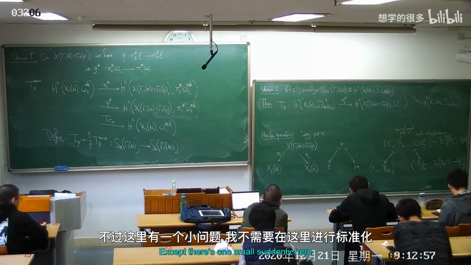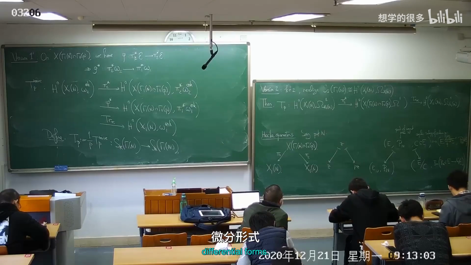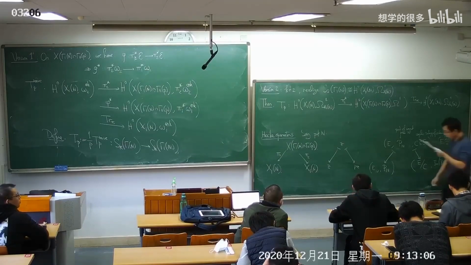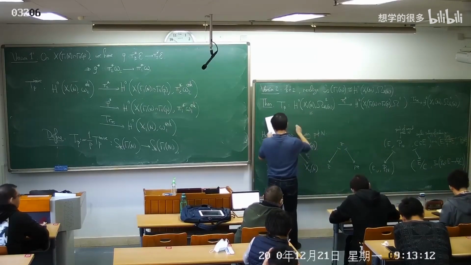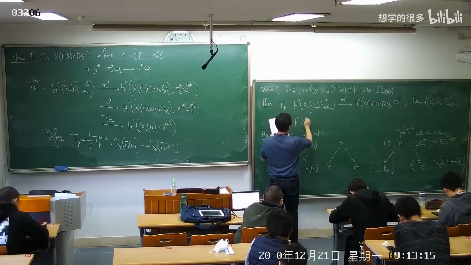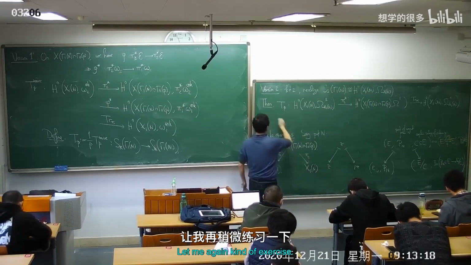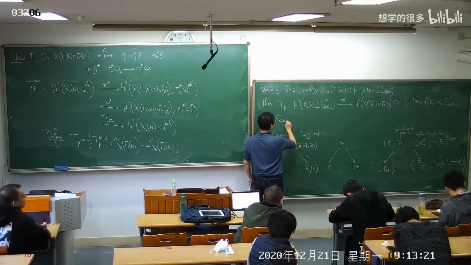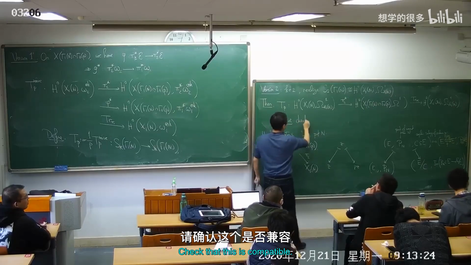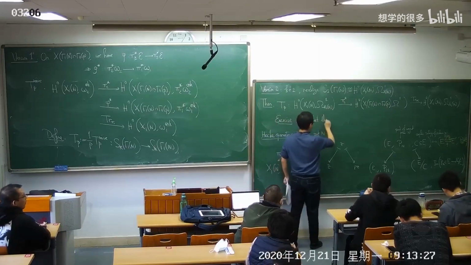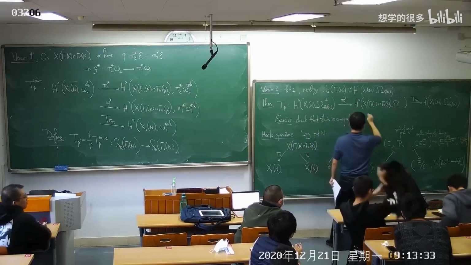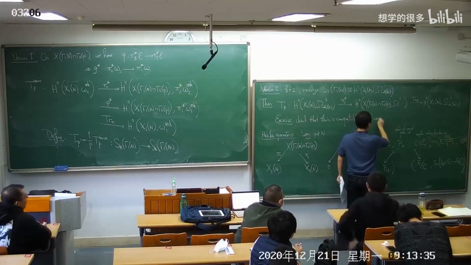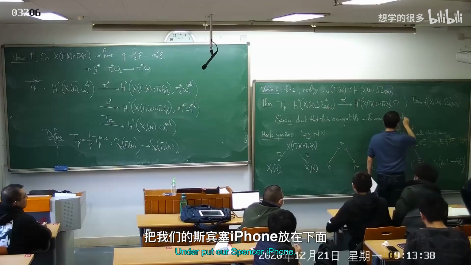Except there's one small subtlety here, that I don't need to normalize for differential forms. So I thought about it, and let me again leave it as an exercise. Check that this is compatible with version 1 under the Kodaira-Spencer isomorphism.